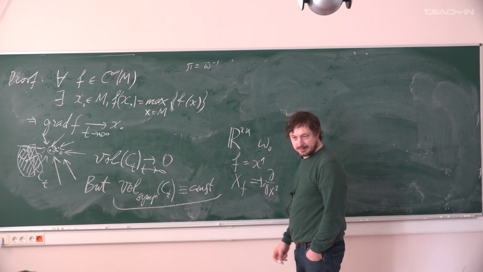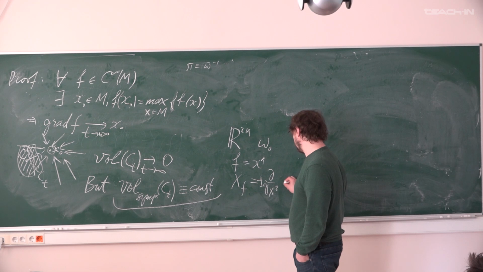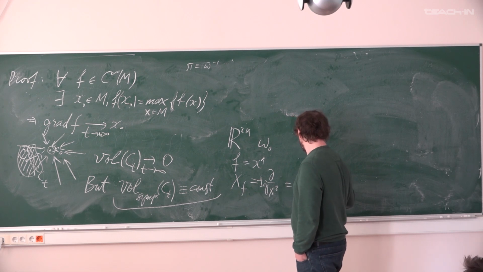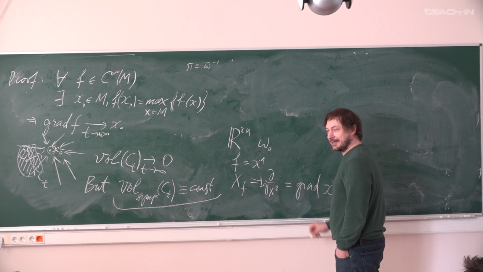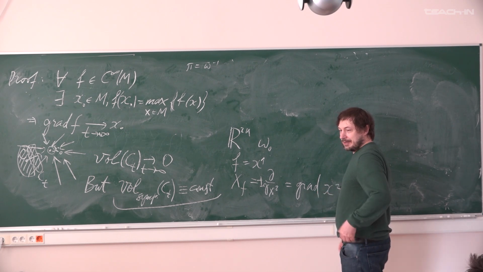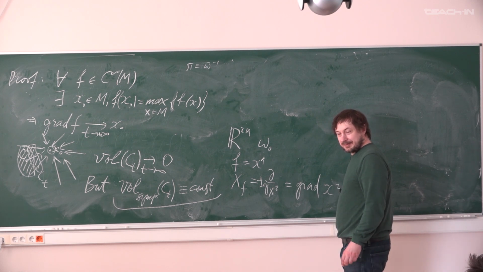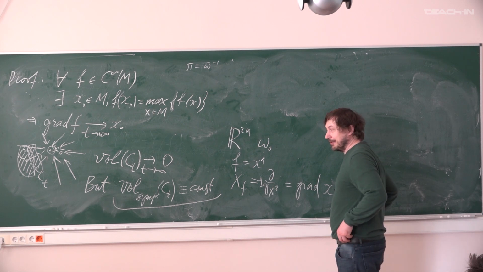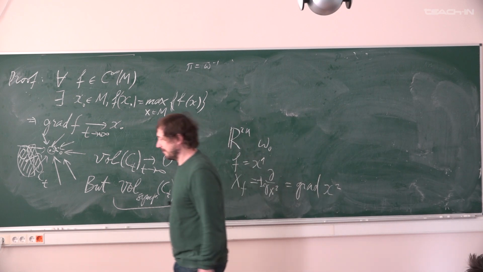And of course it is equal to the gradient of, I think, x2 with respect to the standard Euclidean metric. So on non-compact manifolds you can have lots of different phenomena.